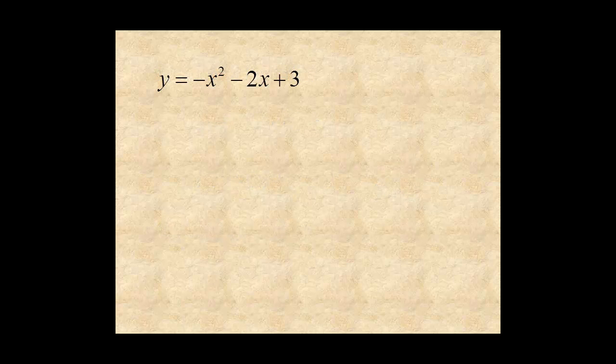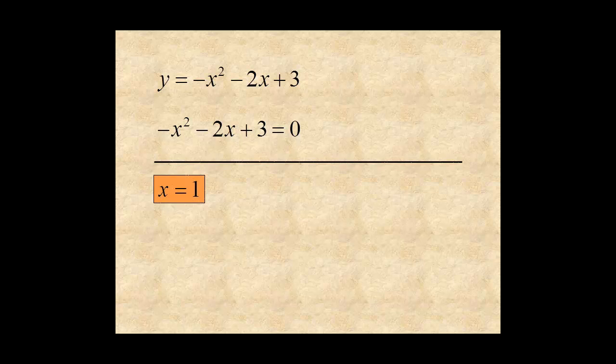For this quadratic function, the related quadratic equation is negative x squared minus 2x plus 3 equal to 0. It has two solutions. If you substitute x equal 1, you get negative 1 squared minus 2 times 1 plus 3.